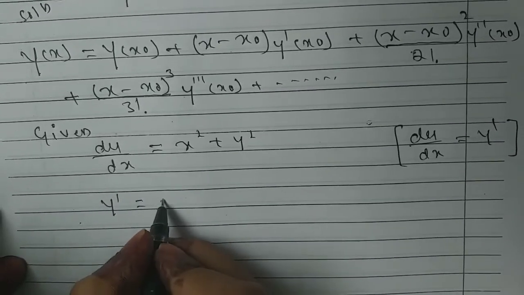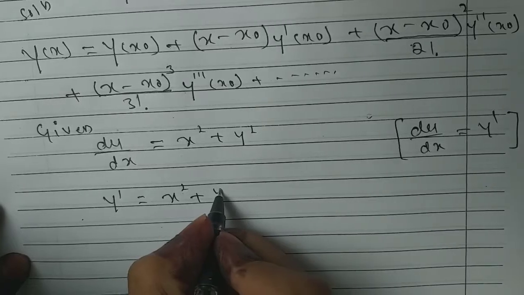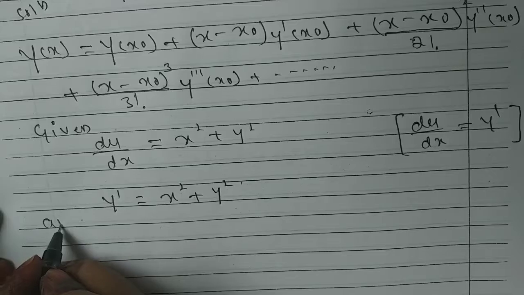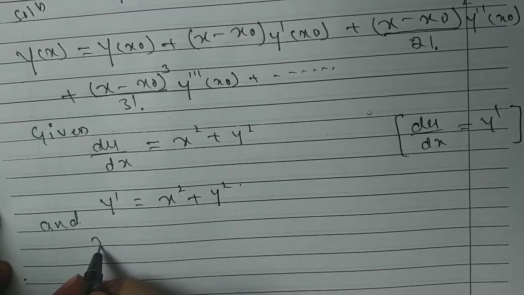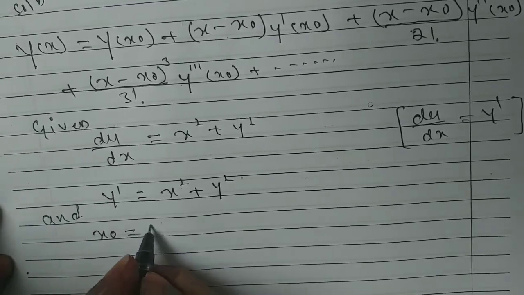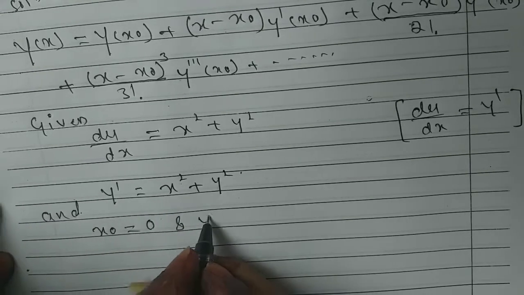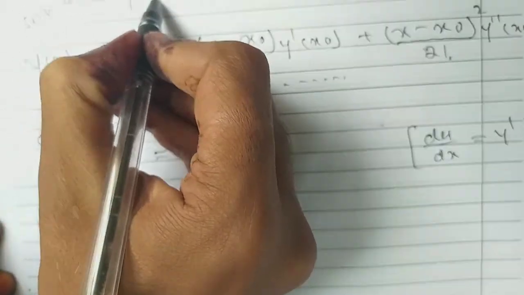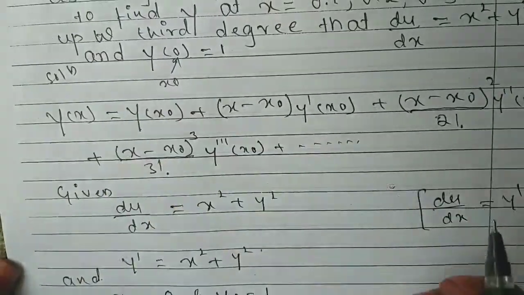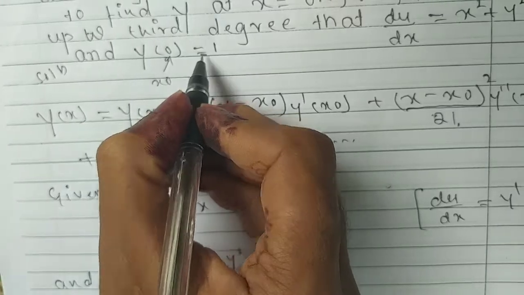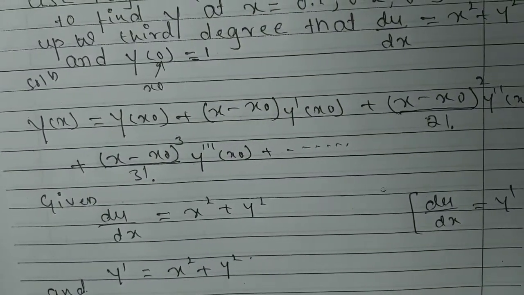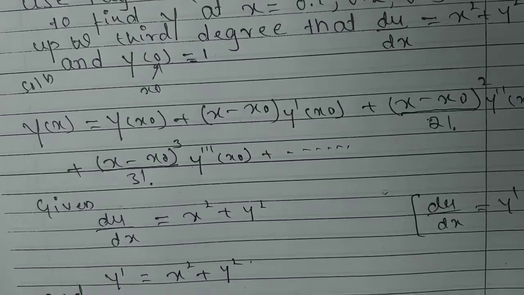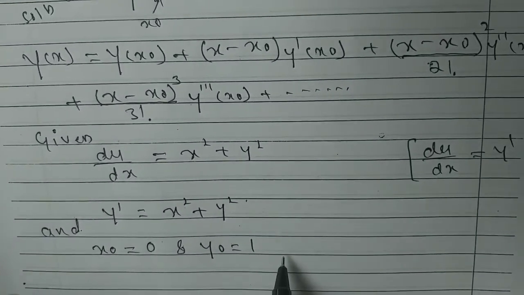So y dash is equal to x square plus y square, and here x naught is equal to 0 and y naught is equal to 1. I will put the values of x naught and y naught in the Taylor series.